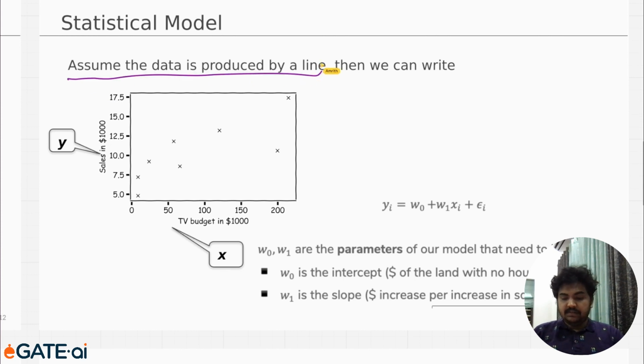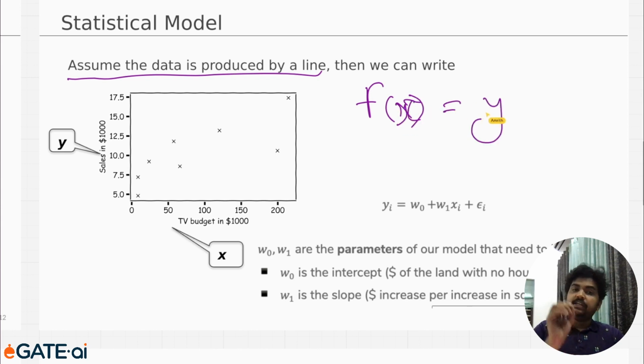As I have mentioned, we are talking about the true function f based on x as the input, which predicts the true output y, and we are assuming it is produced by a line, and we have to find that.